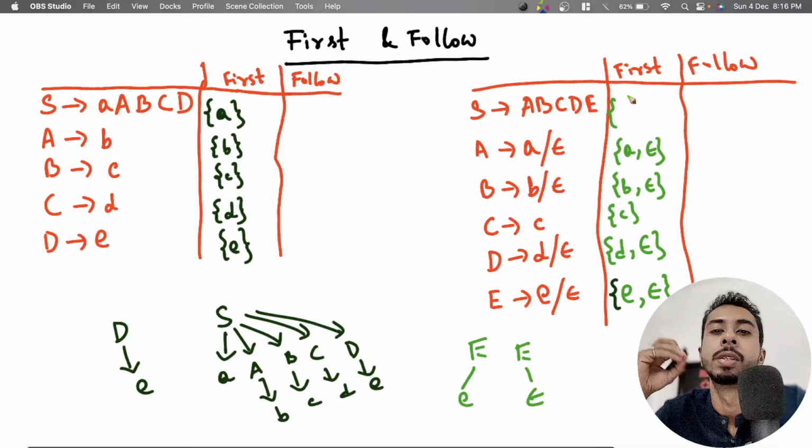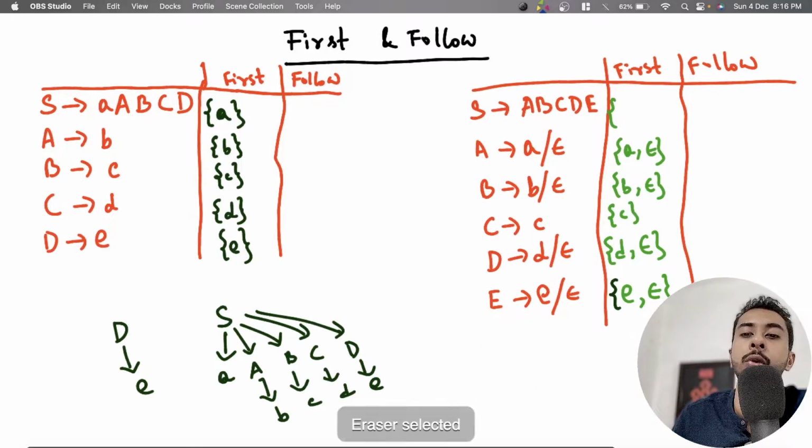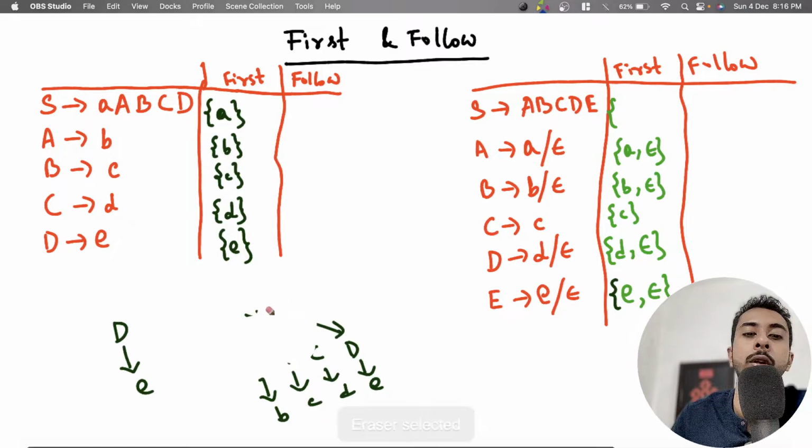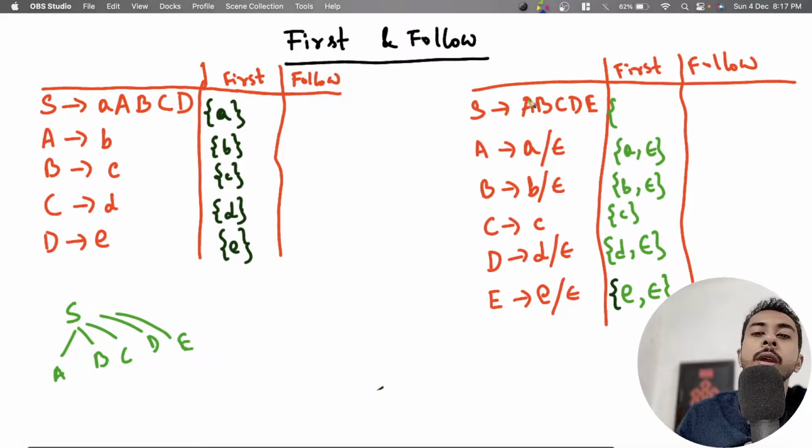Here you see, S derives A, B, C, D, E. You have to focus here and see how it works. What is the first of this entire thing?